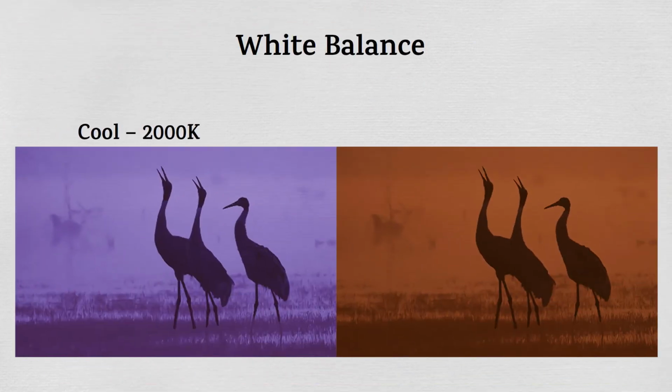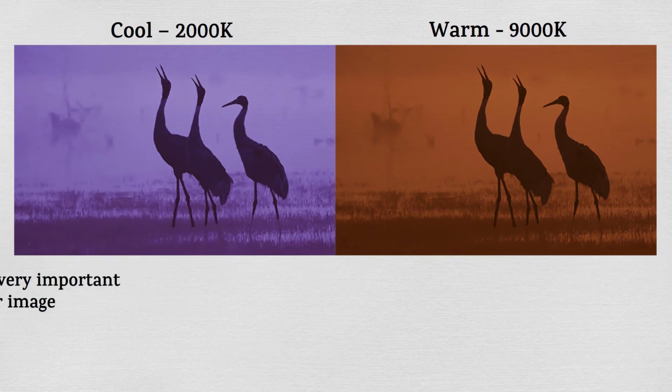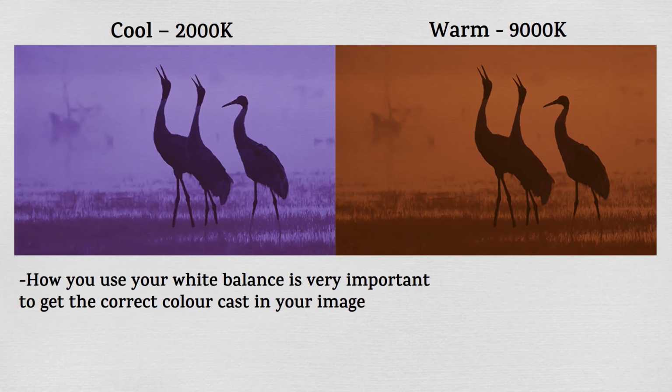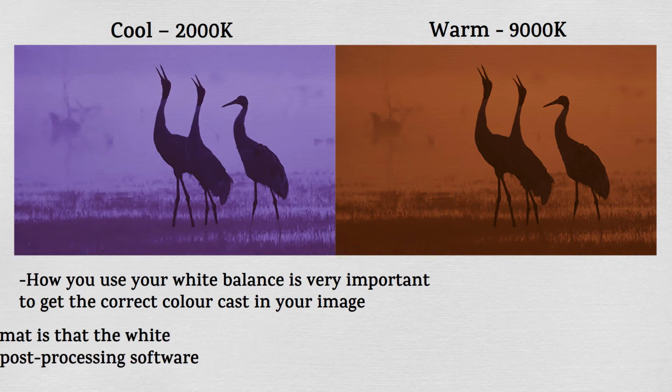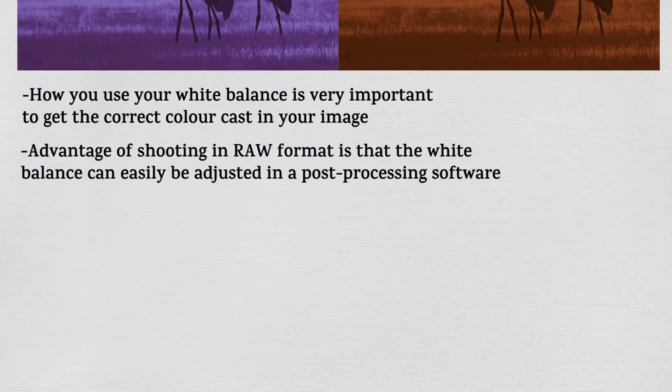Your cool images will be all blue, your warm images will be all orange. So how you use your white balance is very important to get the correct color cast in your image. The advantage of shooting in RAW is that your white balance can be easily adjusted in the post-processing software, and that is why as a photographer you should always try and shoot in RAW.